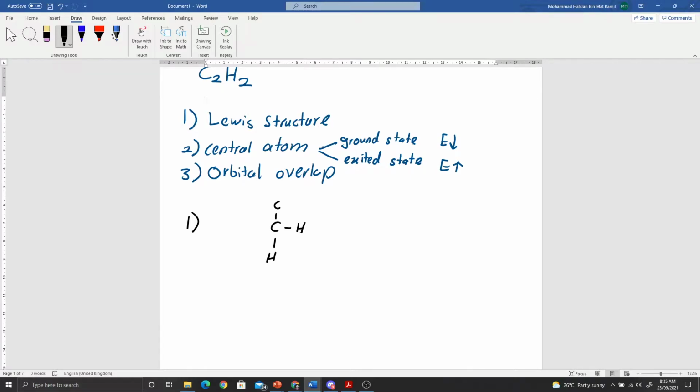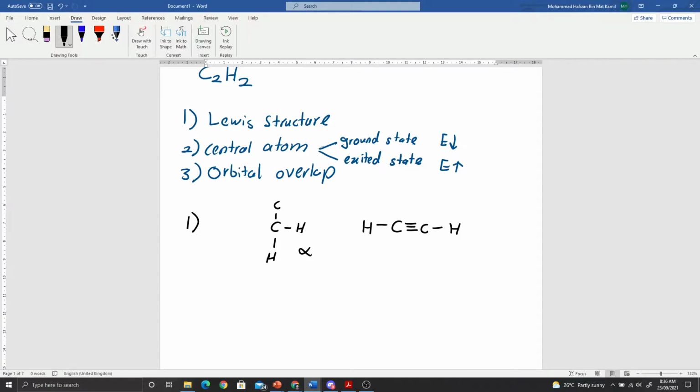Okay, actually for C2H2 the shape is like this, where the carbon is joined with the carbon in a straight line, and the carbons actually form a triple bond. Okay, remember, later in the exam, you might know that C2H2 is like this, or you might not know.